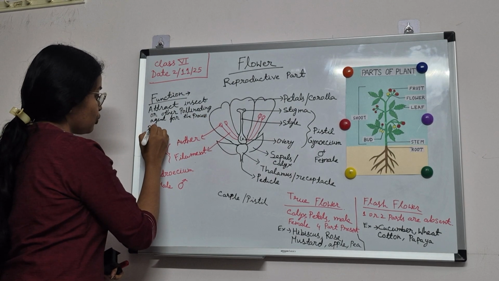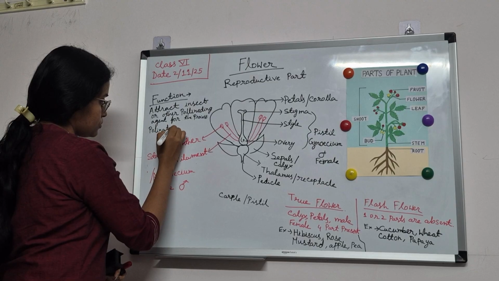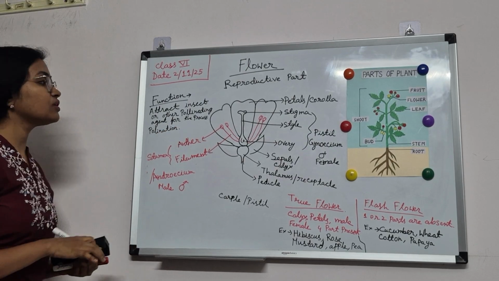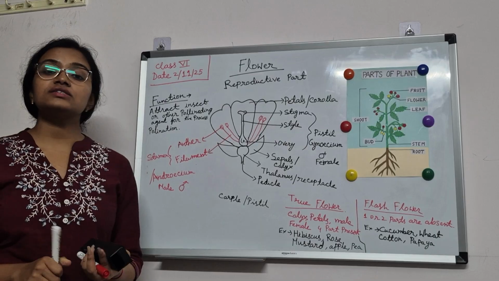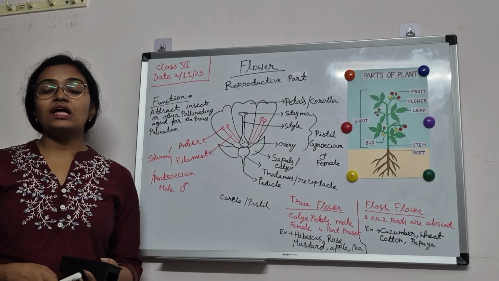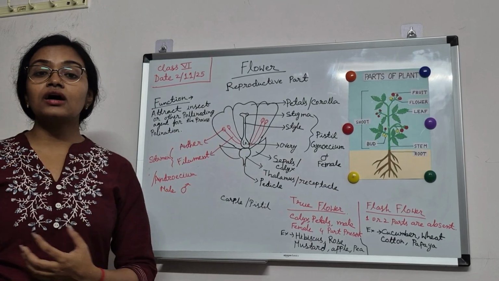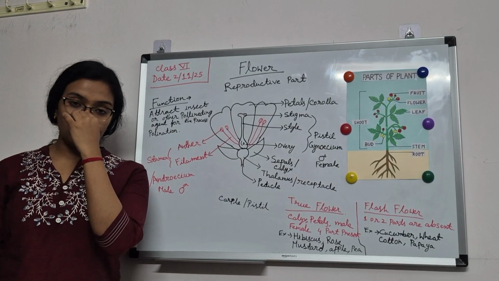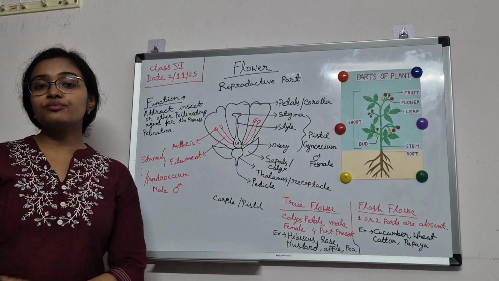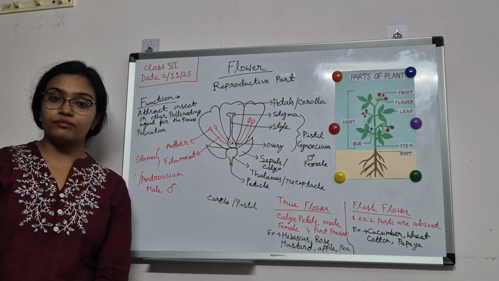So this is the function of the flower. The flower is the attractive part. It has bright color and smell also. That's why the flower attracts insects or other pollinating agents for pollination. And in this pollination process, the reproduction process, the fruit will form.